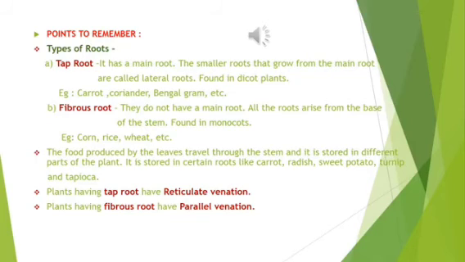It is stored in certain roots like carrot, radish, sweet potato, turnip, and tapioca. Plants having taproot have reticulate venation. Plants having fibrous root have parallel venation.